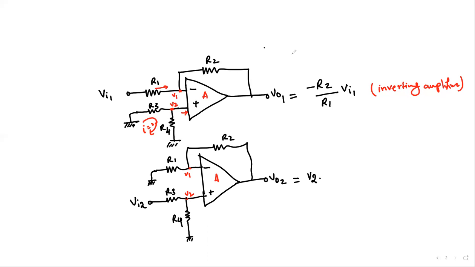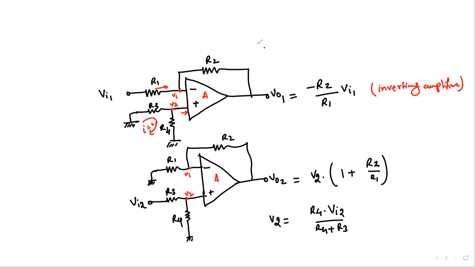Okay, so let's take a look at this. We see that V2 would be R4 times Vi2 divided by R4 plus R3, simply a voltage division rule. Once that is obtained, we can get the expression as V2 times 1 plus R2 over R1.